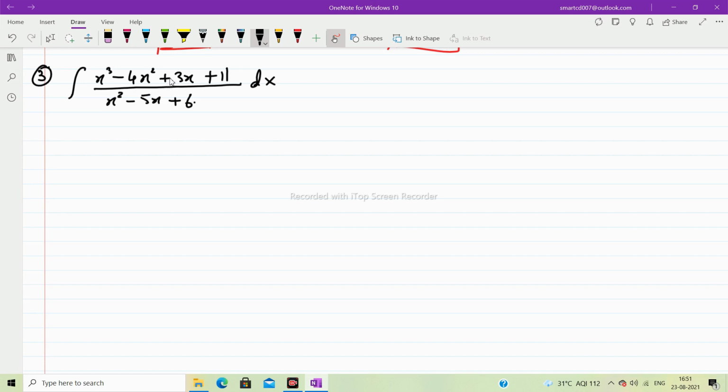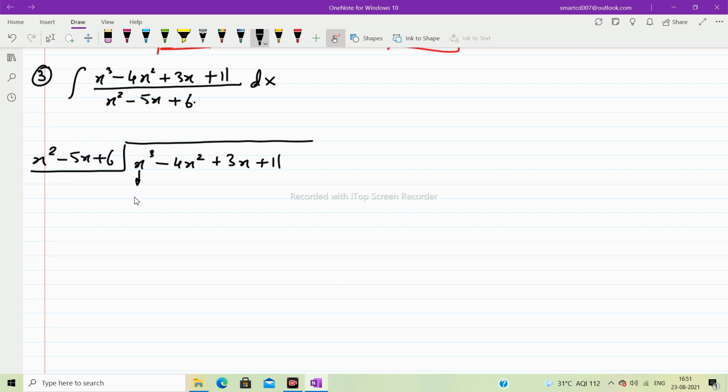So for long division, what we do is we'll divide. So what we'll divide? We'll divide x cube minus 4x square plus 3x plus 11, and you'll divide this by x square minus 5x plus 6. So now we just have to check how to get x cube. So to get x cube, I'll have to multiply this by x.